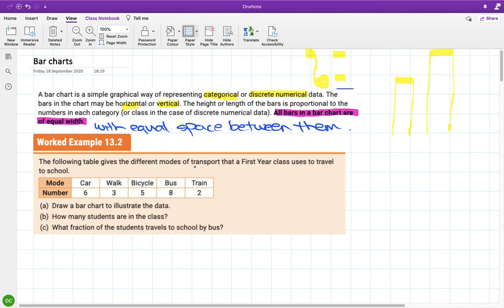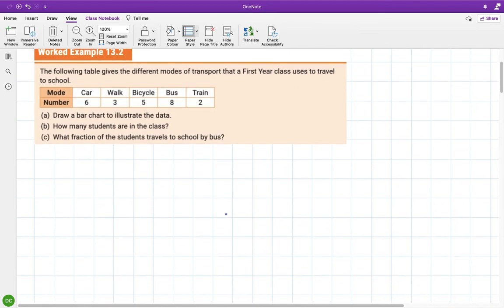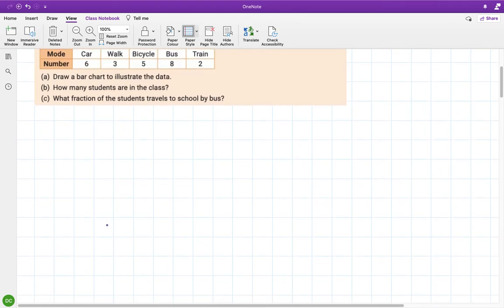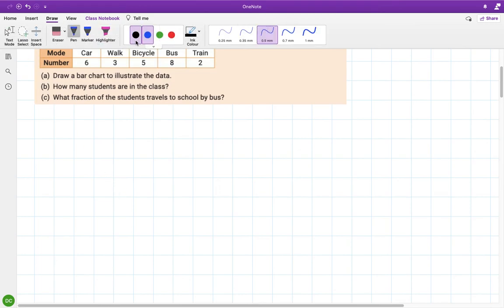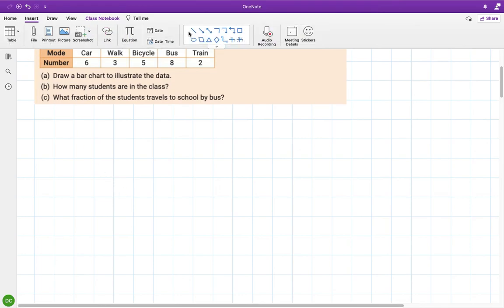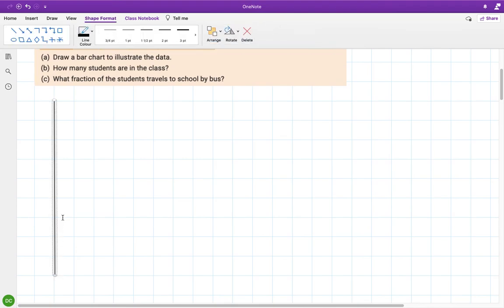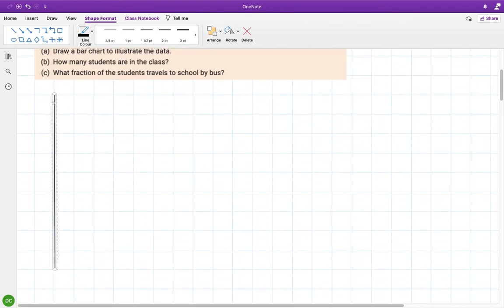So, the following tables give the different modes of transport that a first year class uses to get to school. So 6 of them take the car, 3 of them walk, 5 cycle, 8 get on a bus and 2 get on a train. Draw a bar chart to illustrate. Right, so now here we need a line down the side. One, 2, 3, 4, 5, 6, 7, 8, 9. That's fine. Okay, so that's long enough.